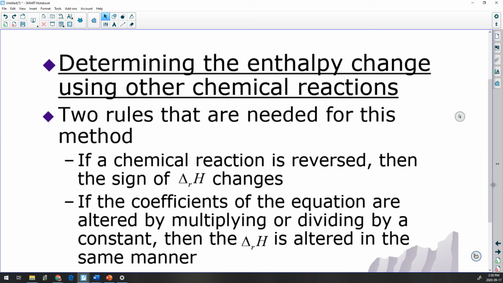Now, if I change the direction, the big example that we use a lot is photosynthesis and cellular respiration. What happens to the energy change if you take photosynthesis, which is an endothermic reaction, and you run the reaction the other way?